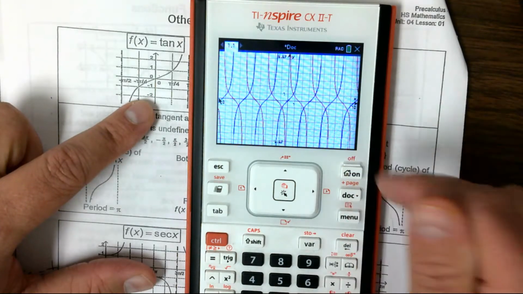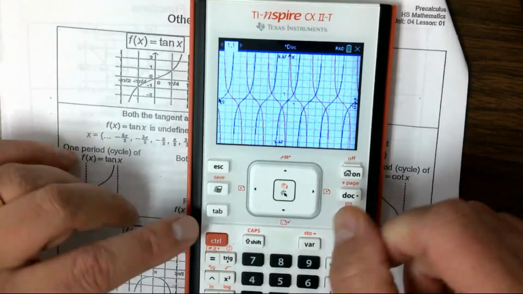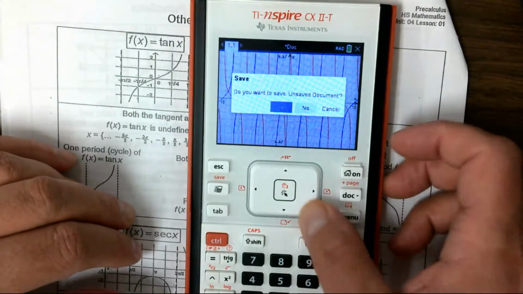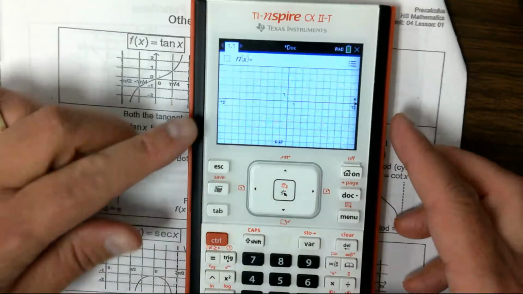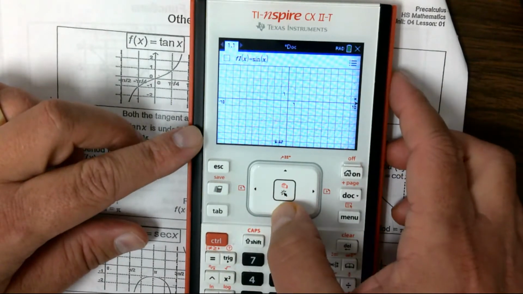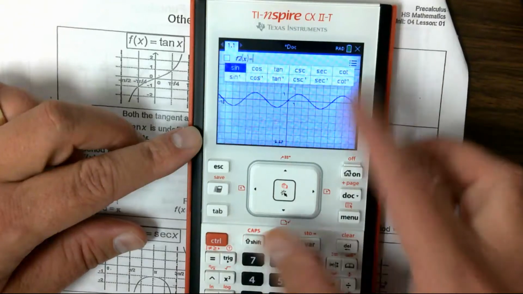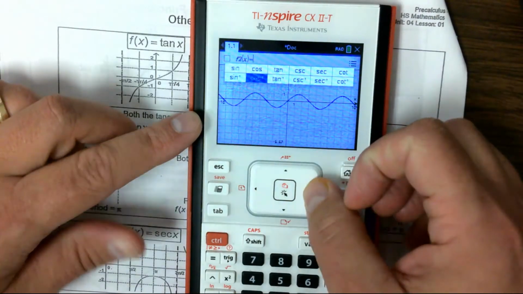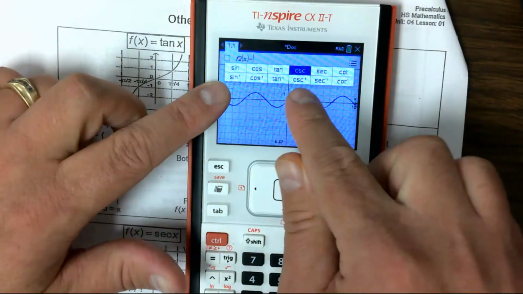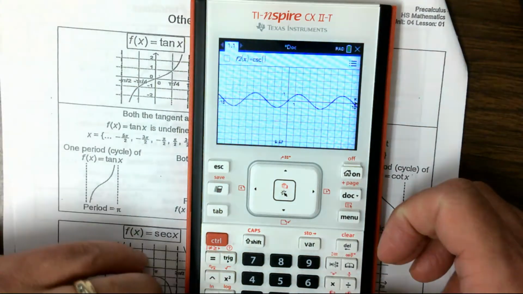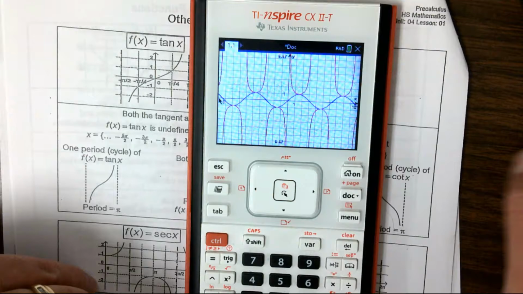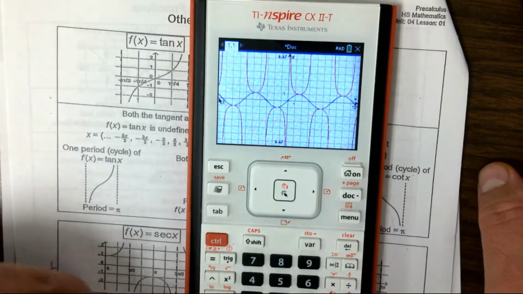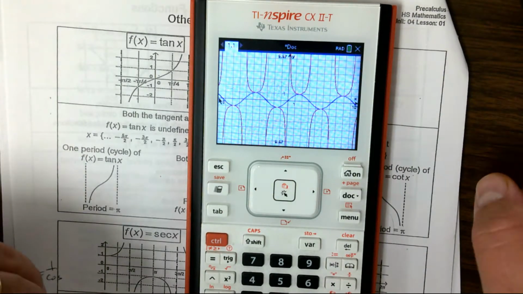Okay. And then, again, we've done this before, but just real quick, if we graph sine, and if we graph cosecant, which is the fourth one, you'll see your minimums and maximums line up like that, where the minimum of one is the maximum of the other.